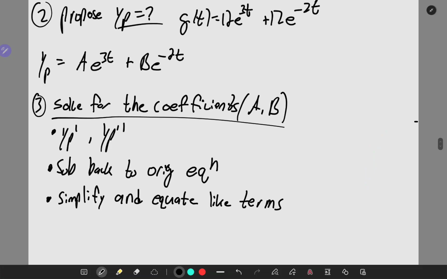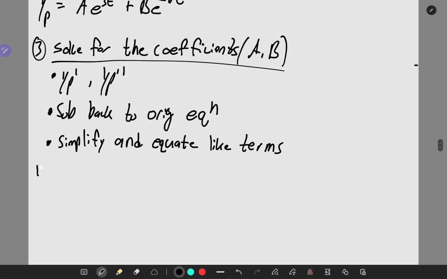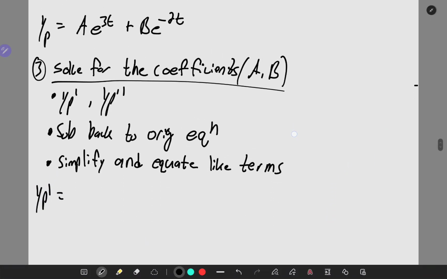So now let's go ahead and do step 3. We need yp prime and yp double prime. So here's yp prime. We're going to have 3a e to the 3t minus 2b e to the negative 2t. I just took the first derivative of this up here.